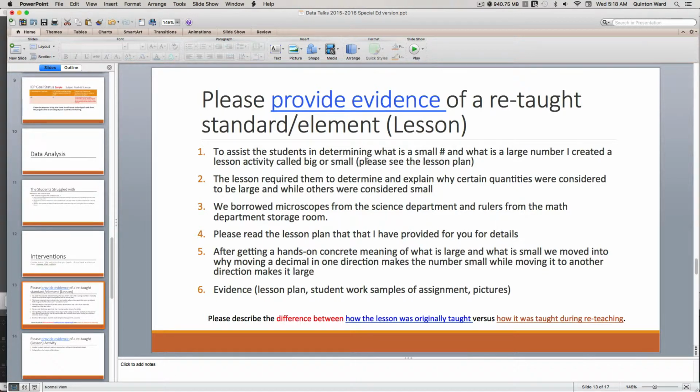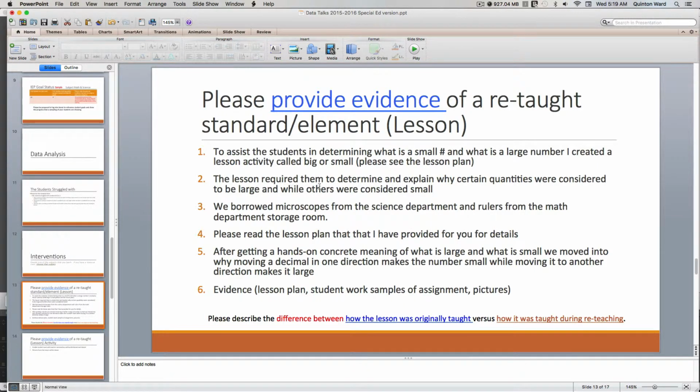Now as an artifact, the teacher is going, I'm going to pass out my lesson plan for that retaught lesson, and I'm going to pass out the activity that the child worked on during the work period of that lesson. So I'm passing out the lesson and the actual activity.